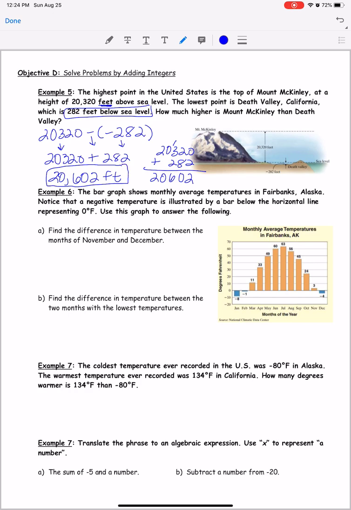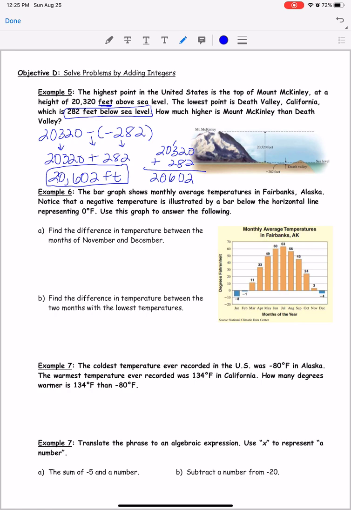Example 6, the bar graph shows monthly average temperatures of Fairbanks, Alaska. Know that a negative temperature is illustrated by a bar below the horizontal line representing 0 degrees Fahrenheit. Use this graph to answer the following. So we need to find the difference. The difference means subtract. Find the difference in temperature between the months of November and December. So November is 3, December is -4.